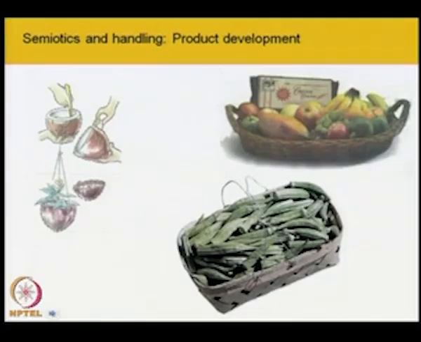The consideration is like this: a product can be used for various purposes. There is similarity between product and container, like this lady's finger with a palm leaf container; it matches.